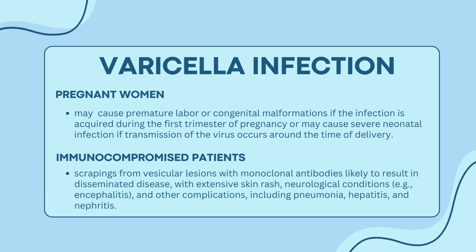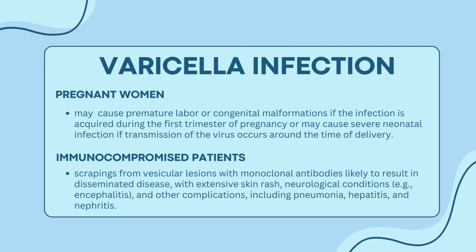Varicella infection can be classified in pregnant women and immunocompromised patients. First, in pregnant women, it may cause premature labor or congenital malformations if the infection is acquired during the first trimester of pregnancy, or may cause severe neonatal infection if transmission of the virus occurs around the time of delivery.